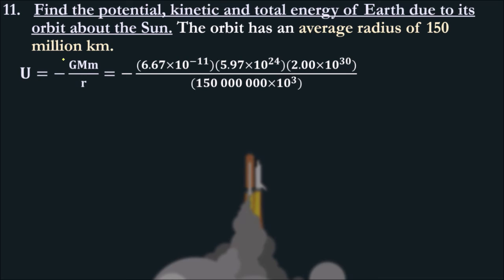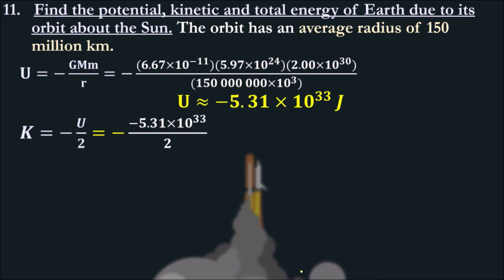We substituted G, the constant, Mm over r, as you can see our values here. Don't forget to convert the 150 million first. So million has 6 zeros in it, and then obviously convert the kilometers into meters. You could just do 150 times 10 to the power of 9. That works too. That gives you an approximate value of negative 5.31 times 10 to the power of 33 joules.